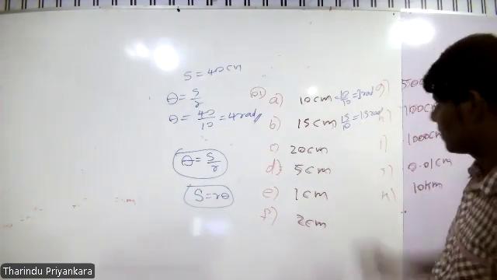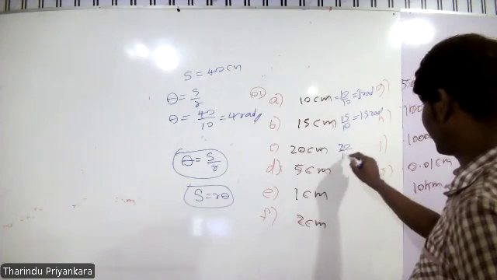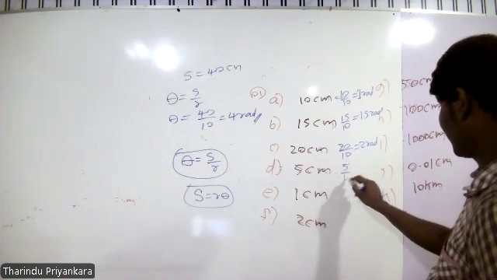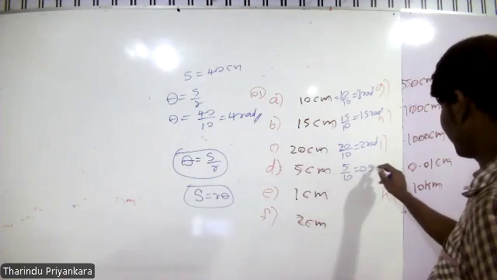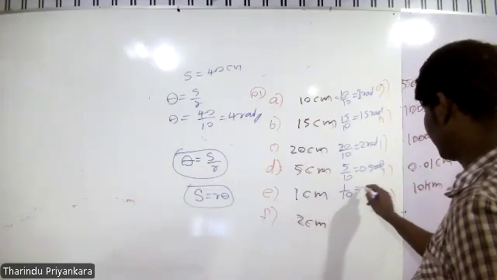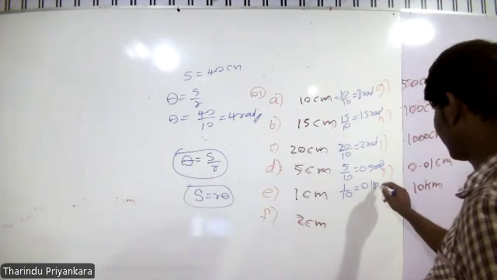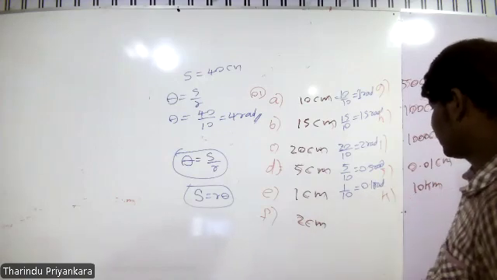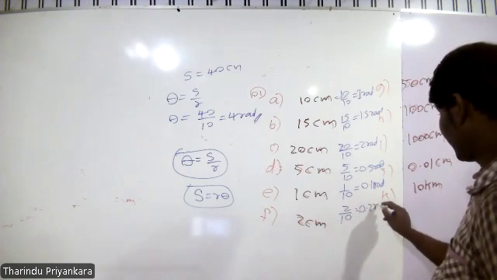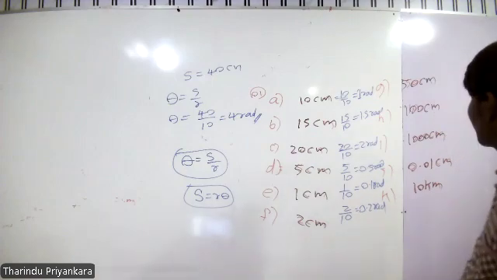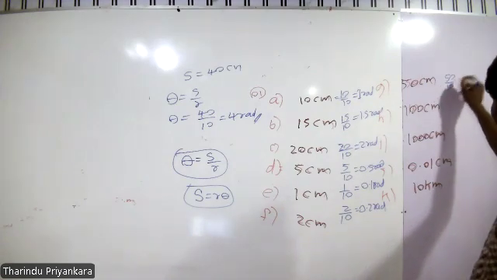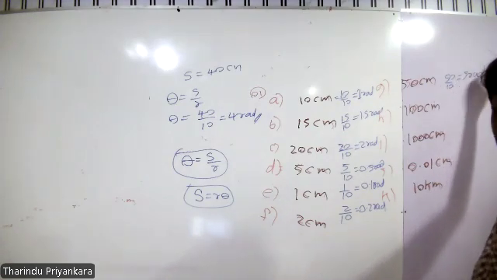Here, 20 over 10, it is 2 radian. 5 over 10, it is 0.5 radian. 1 centimeter, 1 over 10, that is 0.1 radian. 2 centimeter, 2 over 10, 0.2 radian. This part, 50 centimeter, 50 over 10, 5 radian.